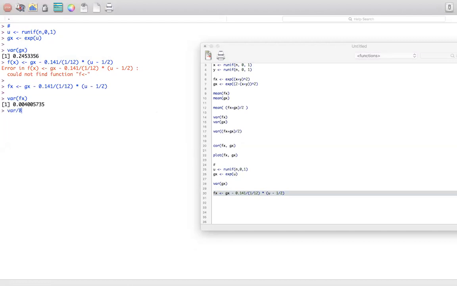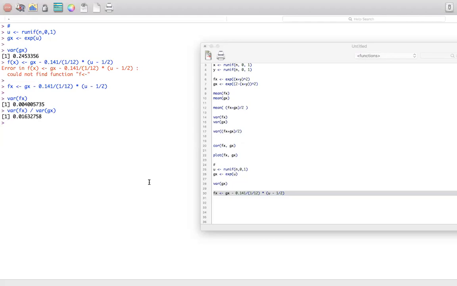If you compare the variance of F(x) against the variance of G(x), it's about 0.016. So you achieve close to 98% variance reduction, as predicted by theory.